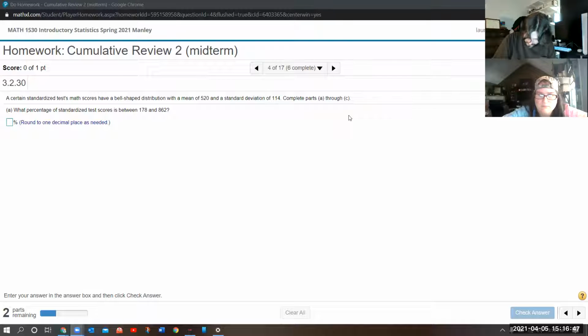Two standard deviations below the mean comprise 13.5% of all the data. Two standard deviations above the mean, again, comprise 13.5% of all the data. Three standard deviations below the mean comprises 2.35% of all the data.